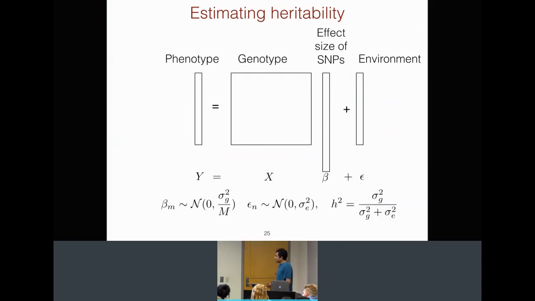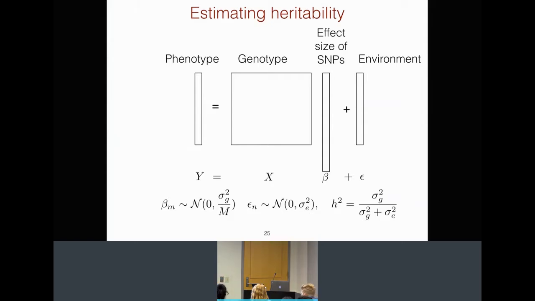So typical assumptions include putting a prior on these betas. So a very common prior is you assume that every entry of beta, each of the SNPs, comes from a zero mean Gaussian distribution with some variance. So with these assumptions on the SNP effect size and the environment, now heritability can be defined as the ratio of these two.